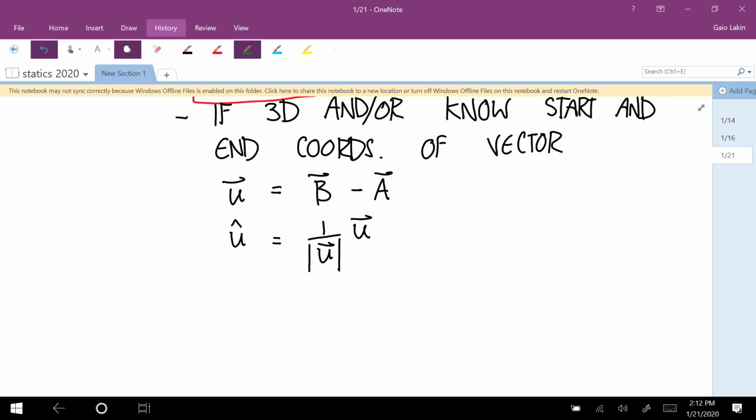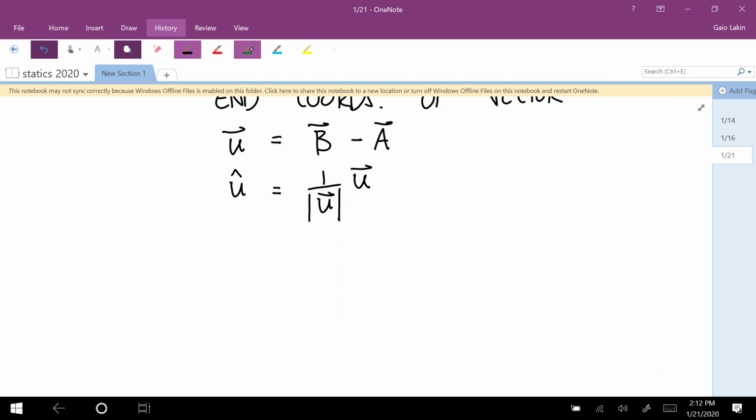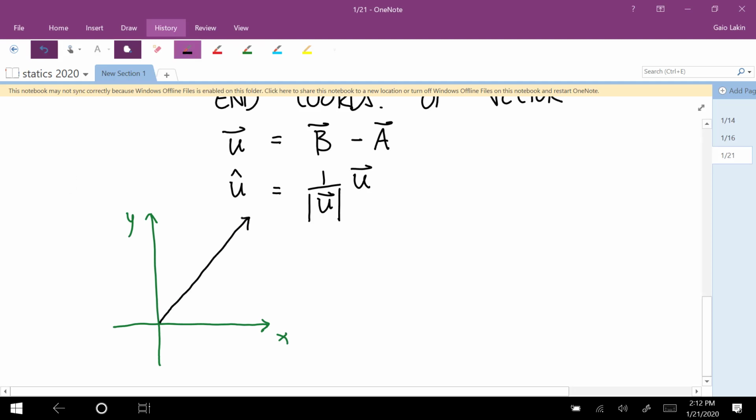And so now the way we're going to think about it is, here's our coordinate system. Our force vector is in this direction. And this angle is 45 degrees. So the unit vector is cosine of, it's 45 degrees counterclockwise from the positive x-axis to the vector.